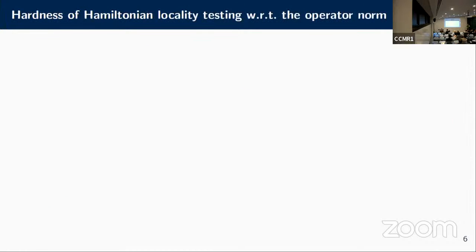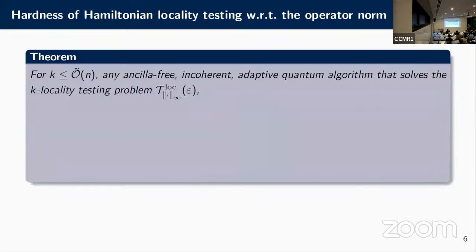Now we come to our first result. We have set the stage for what we can actually do, and the first result is that this is not easy. Depending on what your norm is, this might be hard.